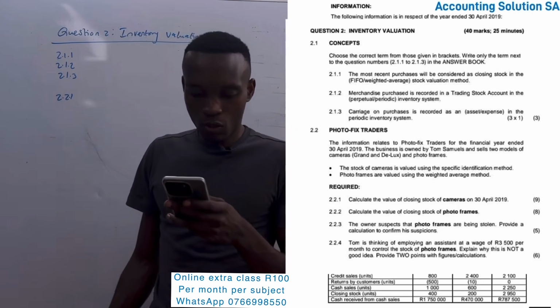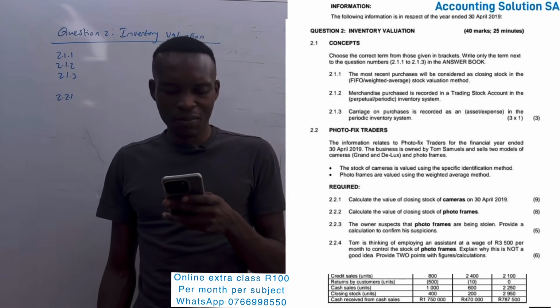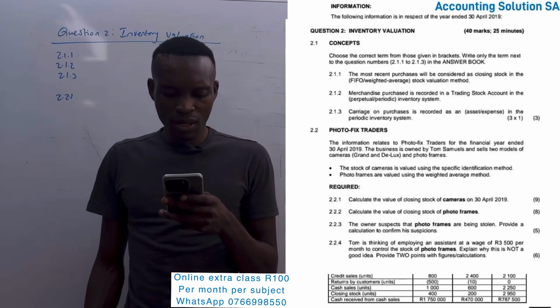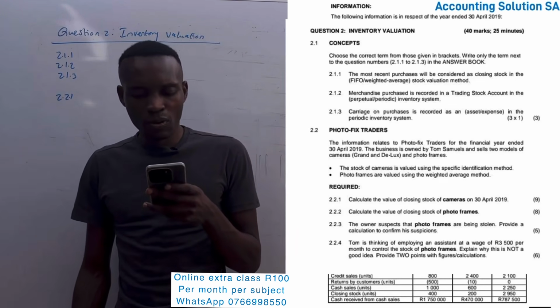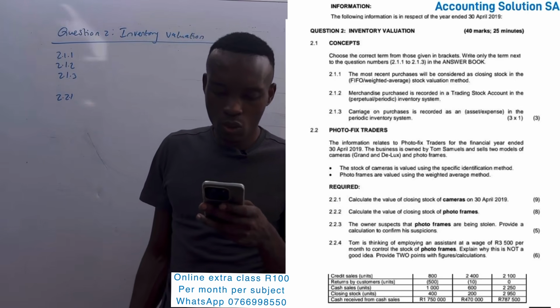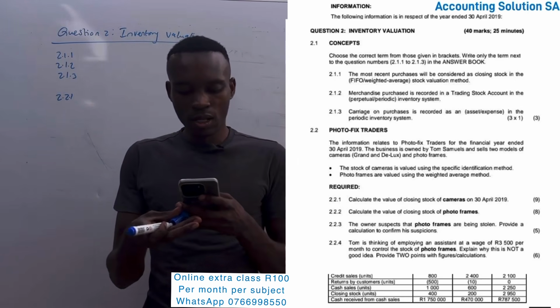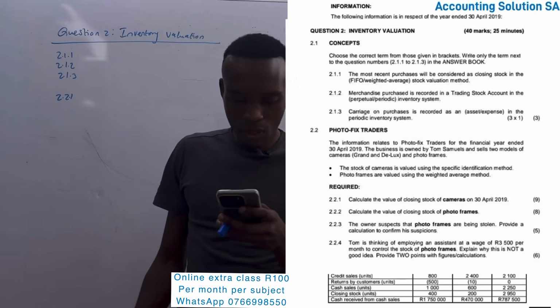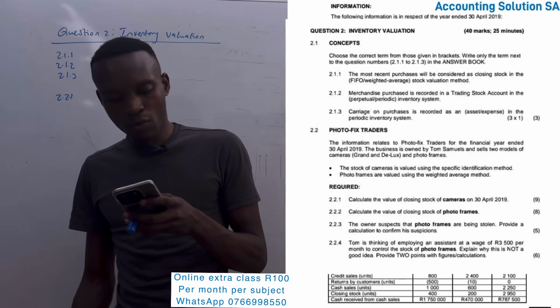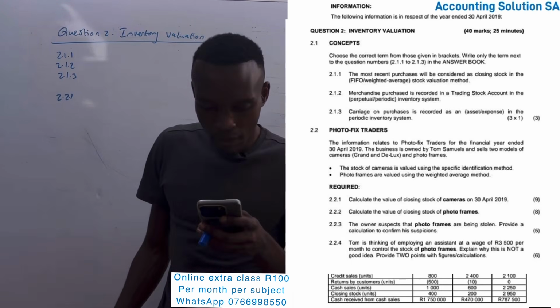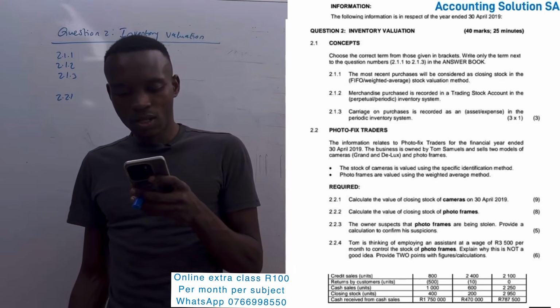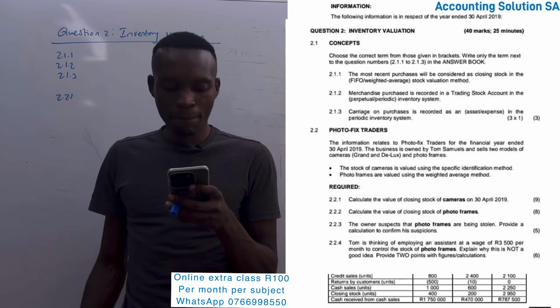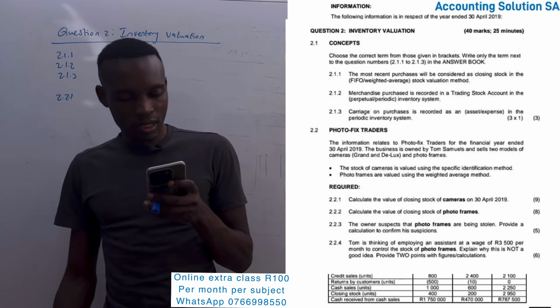Okay, so number one, it was a multiple choice. Let's just go through it. Most of the recent purchases will be considered as closing stock in FIFO or weighted average stock valuation method. Number 2.1.2, merchandise purchase is recorded in the trading stock account in the inventory system.